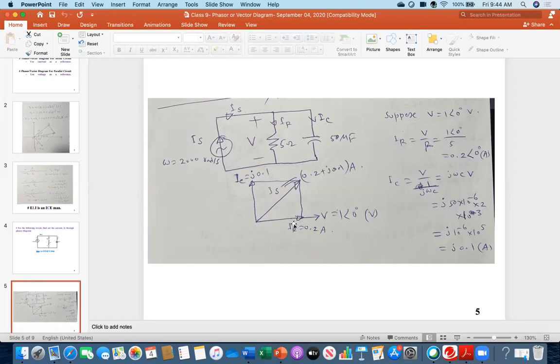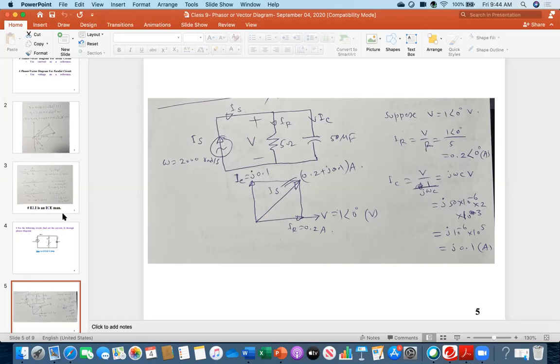Why have I done that? Or, for example, there was an inductor as well. If there would be an inductor, where would you place that? Would you still place it on this side, or take it downward, or place it on the same line? That's the question.